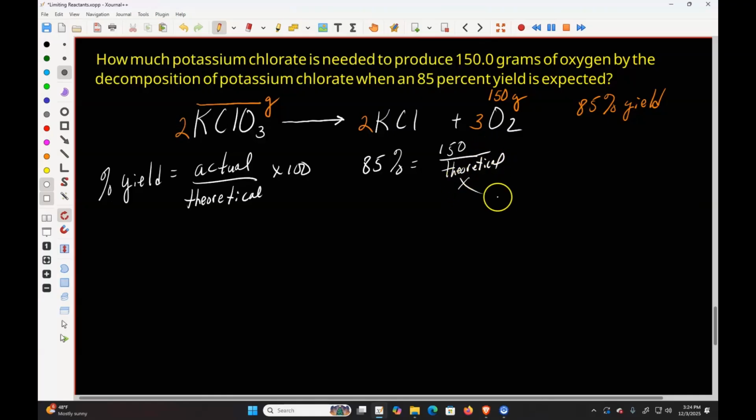So I'm going to put an X there for that one. Divide both sides by 100. So we get 0.85 is equal to 150 over X. X here will be equal to 176.47 grams. That's going to be my theoretical.